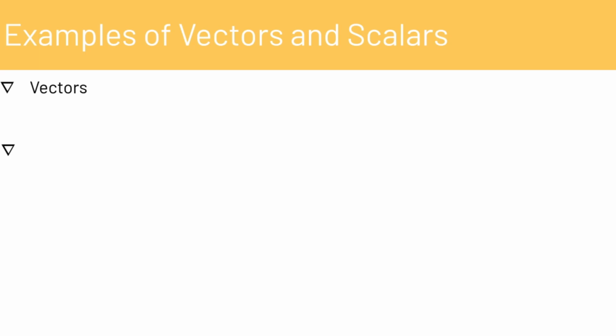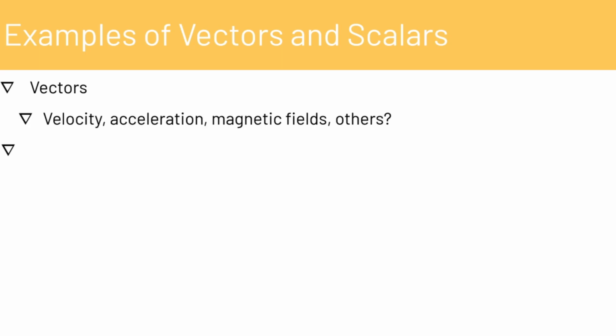So examples of vectors include velocity, as we talked about earlier, acceleration, also talked about earlier, magnetic fields are also vectors. So lots of different kinds of fields are vectors. So if we had a magnet here with a north pole and a south pole, we have the magnetic field lines coming out of the north pole and going into the south pole.